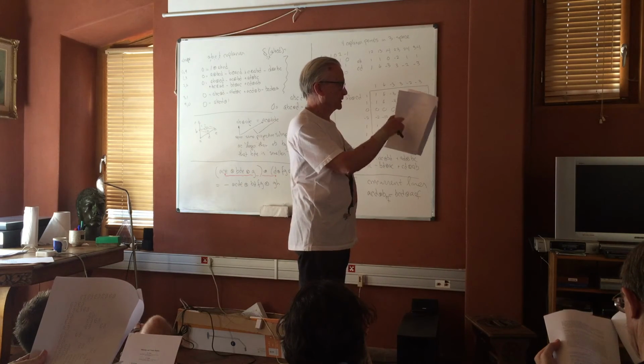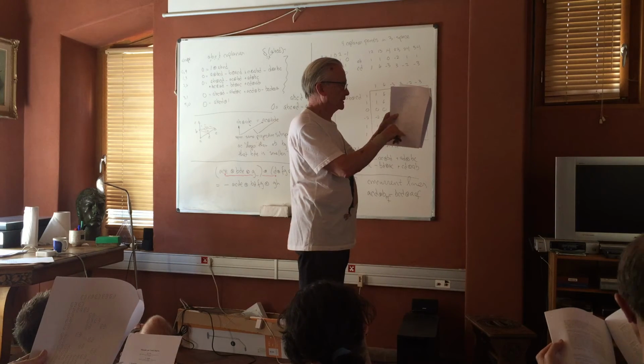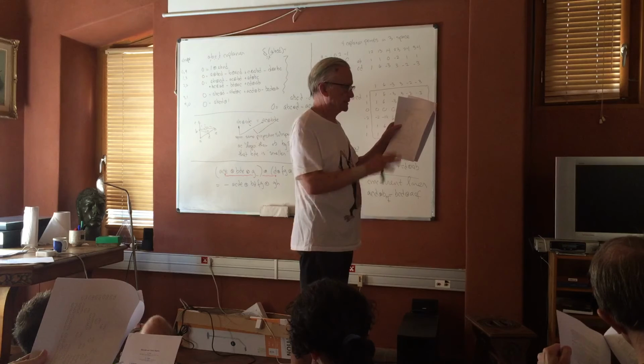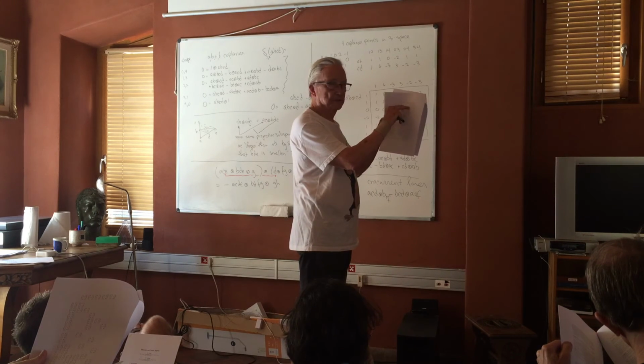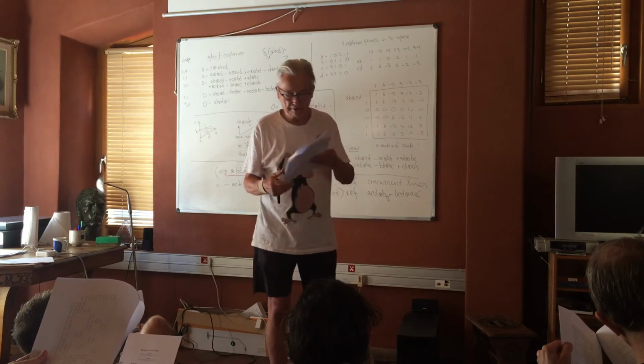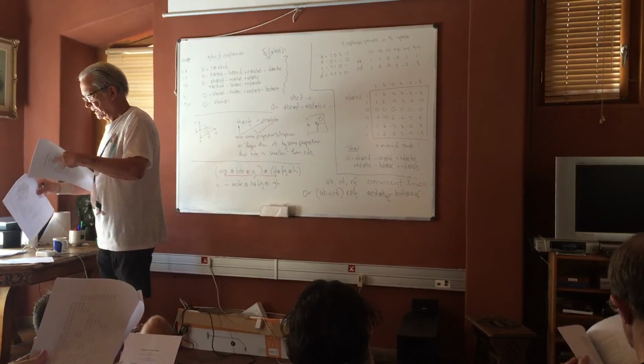Then you do the same for the non-standards. You get two integer matrices, and you multiply this one by the inverse of this matrix, and you get all the interpolation formulas.